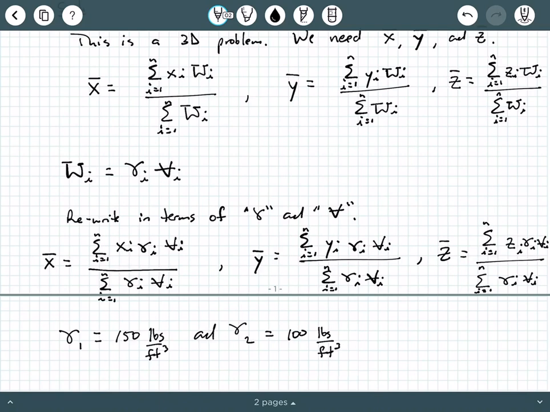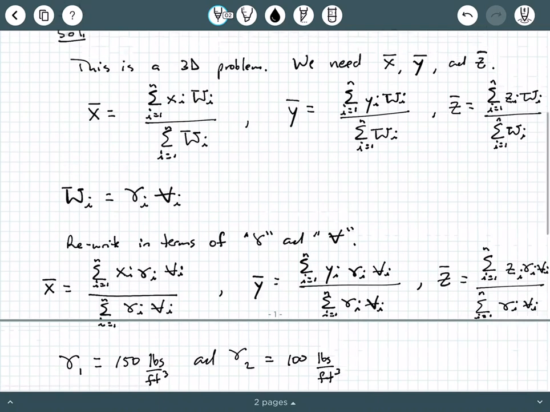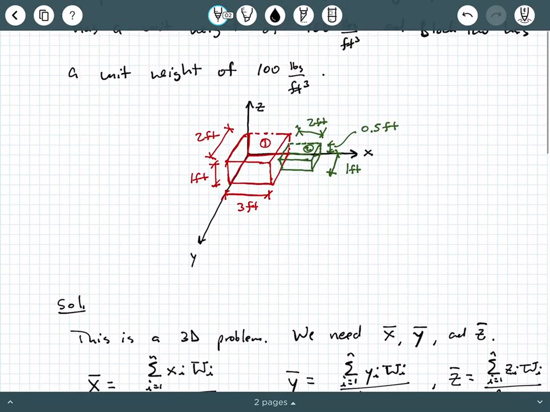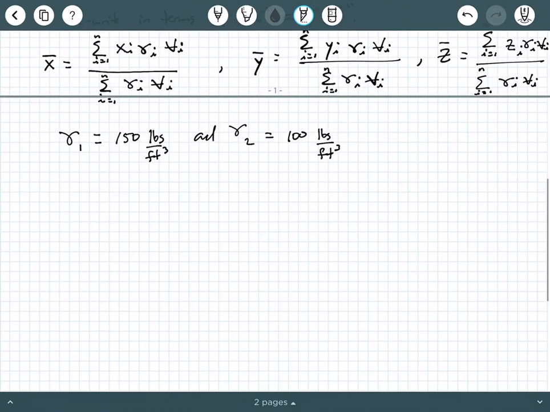So that's one of the terms built into these equations. What about the volumes? Can we get these? Sure, these are just blocks, length times width times height. If you look at block number 1, what's its volume? It's 2 times 1 times 3. It's just a block, and we get 6 cubic feet for volume number 1.